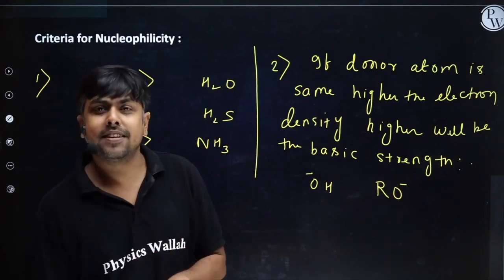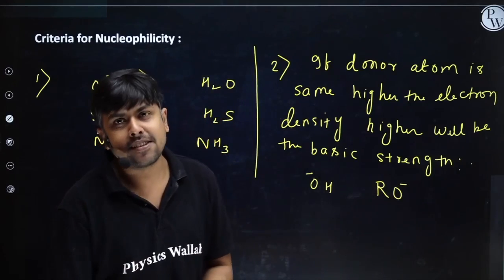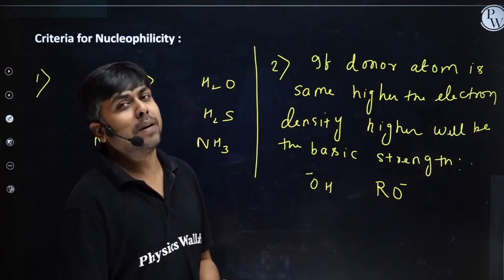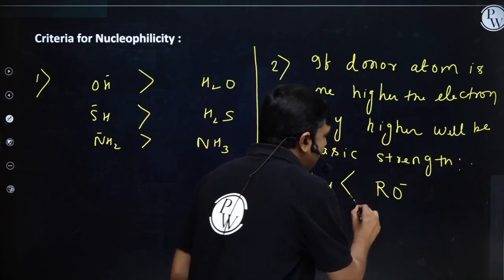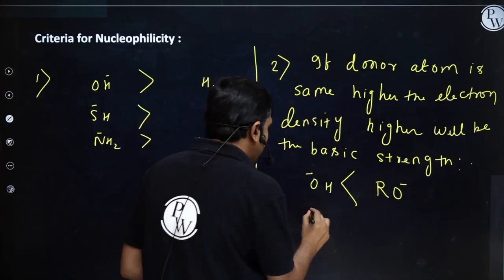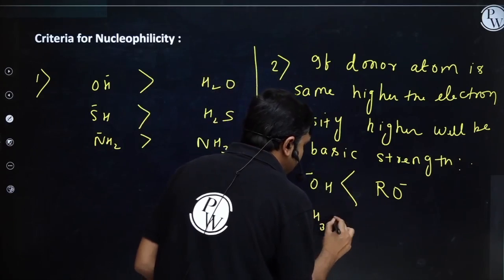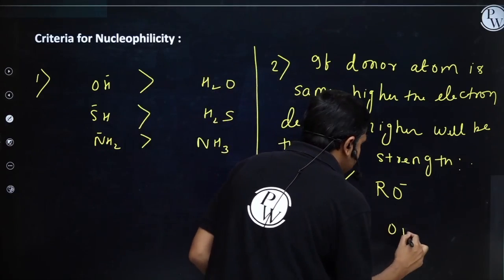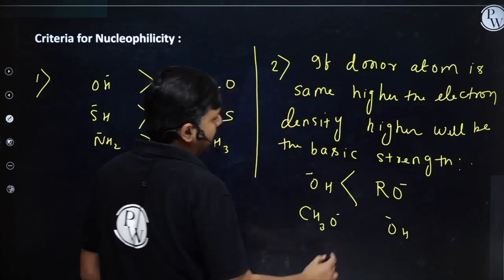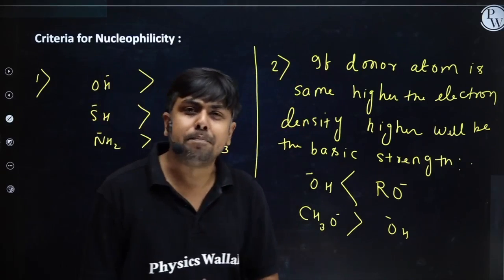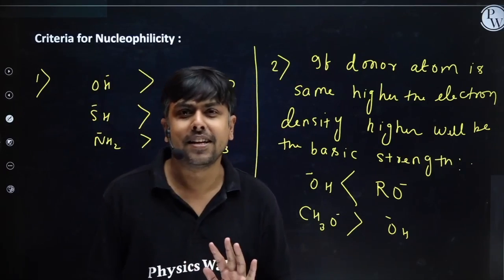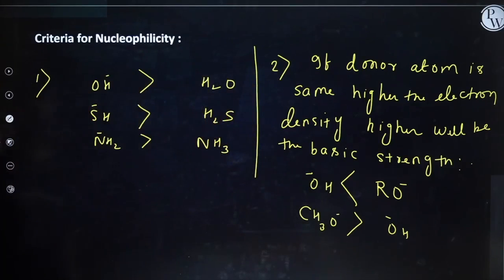The more the charge density, the better the basic strength, and in most cases the better the nucleophilic strength also. Am I clear? If I have to compare the nucleophilicity of CH3O minus and OH minus, this CH3O minus is a better nucleophile as well as a better base. Am I clear, students? Let's move ahead.